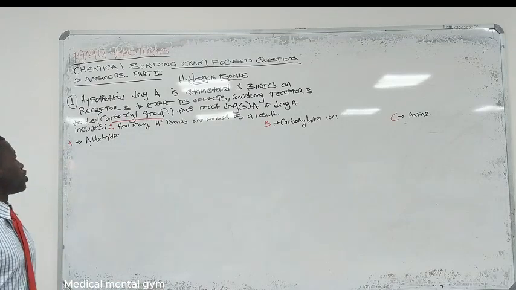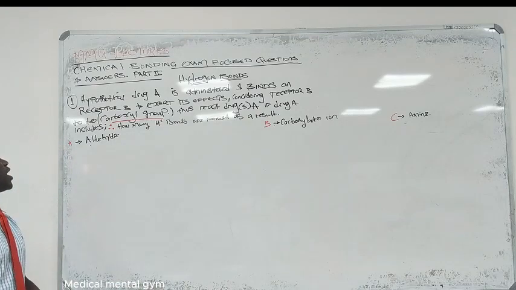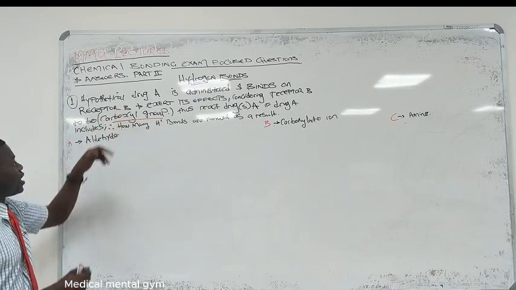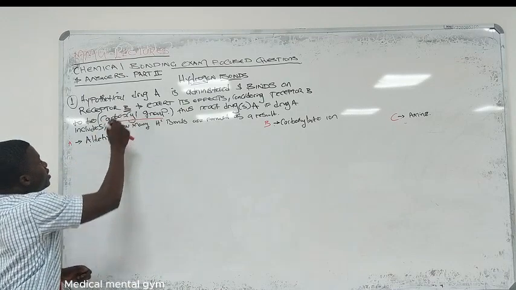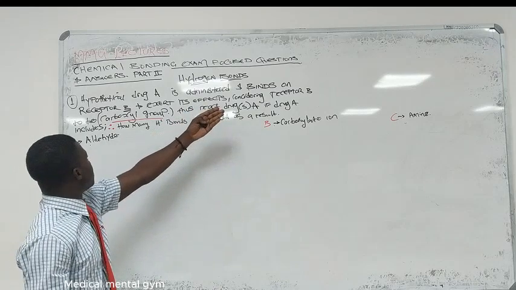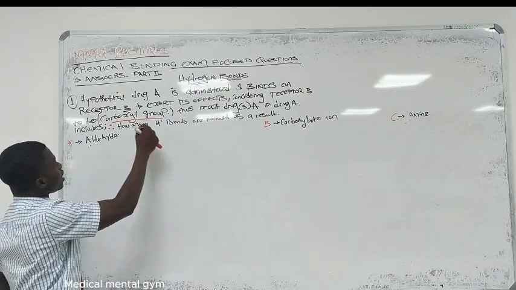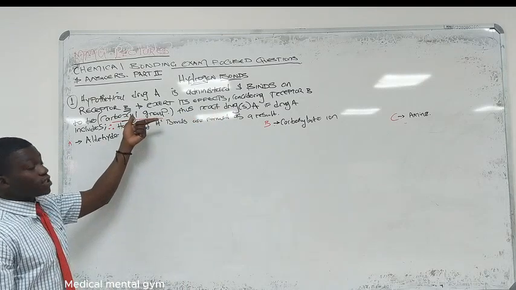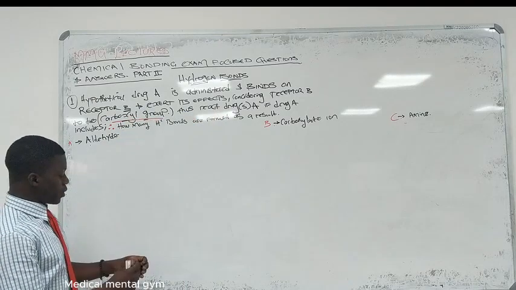Okay, so question number 1 reads: a hypothetical drug A is administered and binds on a receptor B to exert its effects, considering receptor B to be a carboxyl group. So our receptor has a functional group of a carboxyl.